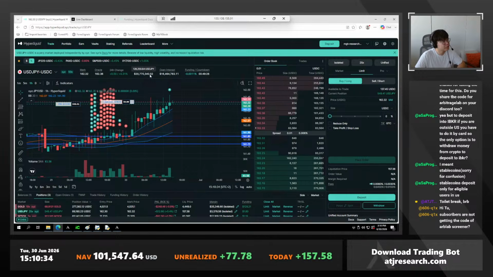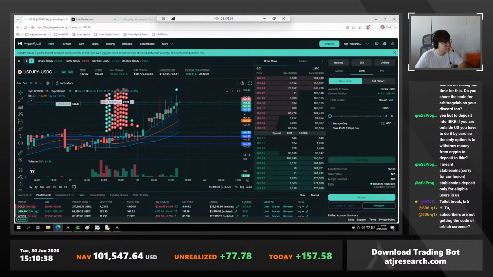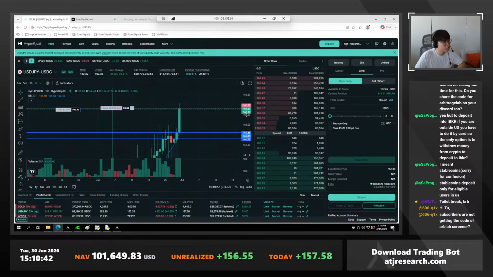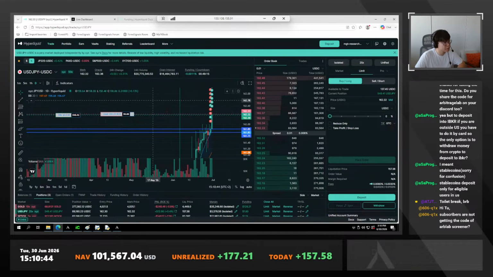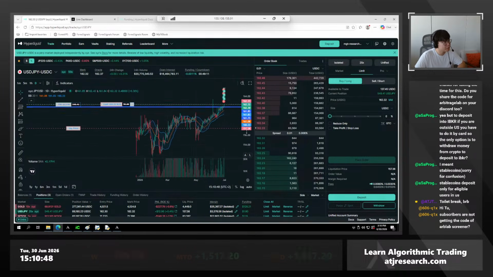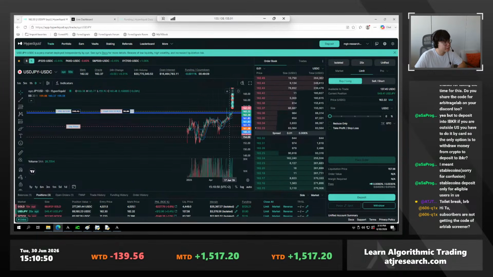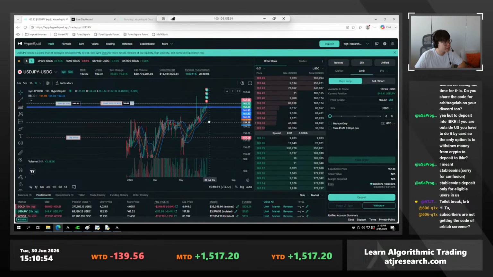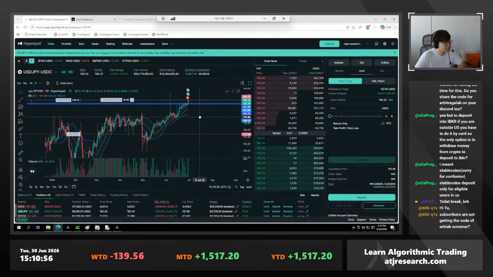I think the volumes also increased quite a lot. Do you see that here? The volumes are like 20 million now. That is insane. A month ago the volumes were like 2 million, maybe 5 million maximum on a good day. But I think it has something to do with the price just poking through 162, and a lot of things can happen, right?